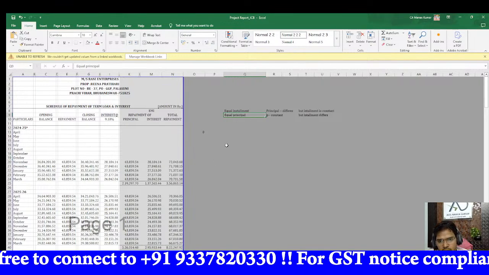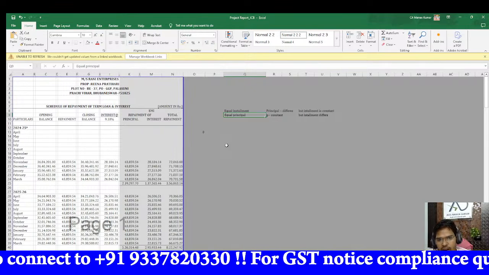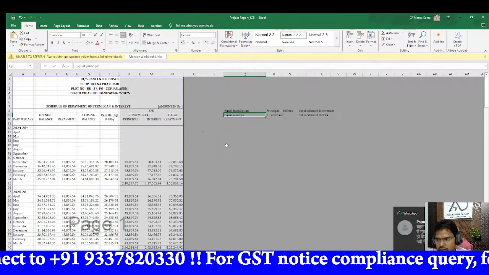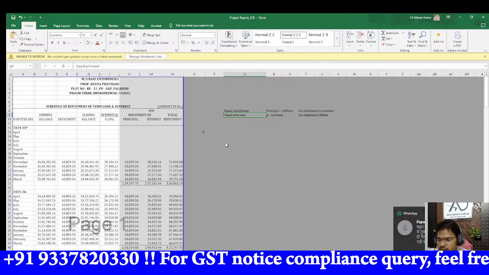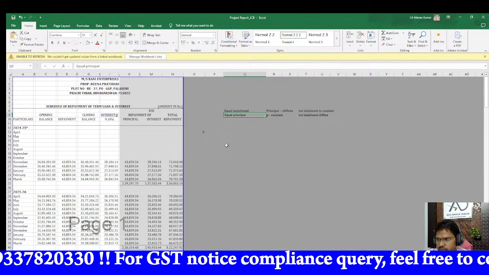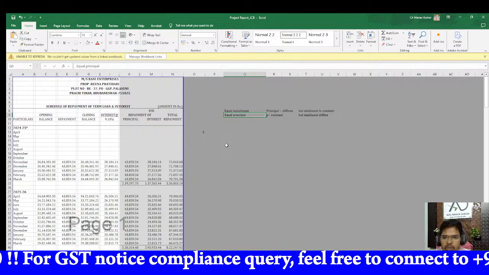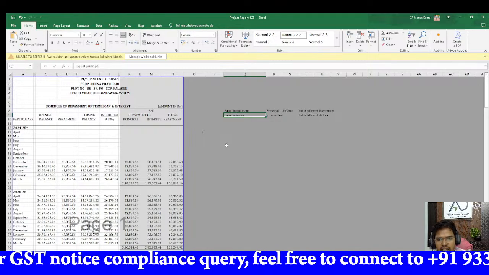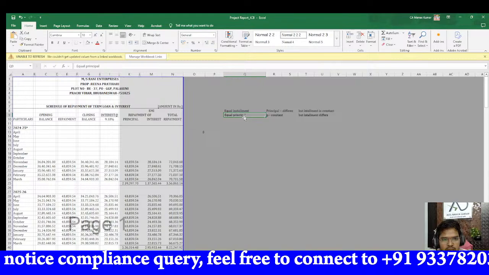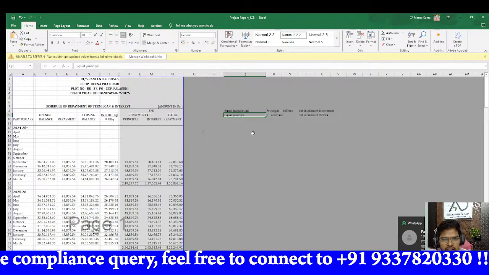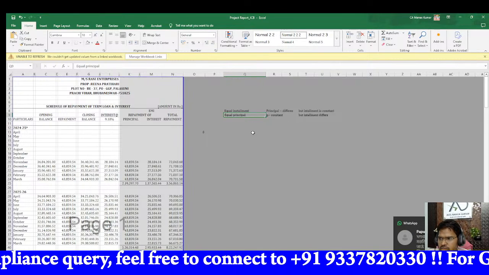As per the opinion of the bank, I have prepared these things, known as the equal principal of term loan.